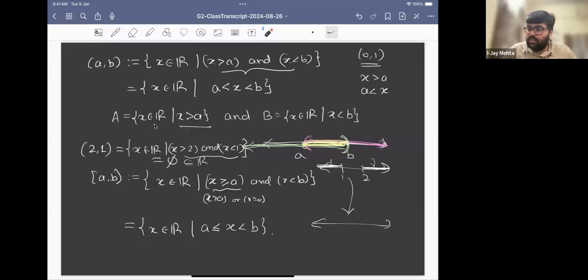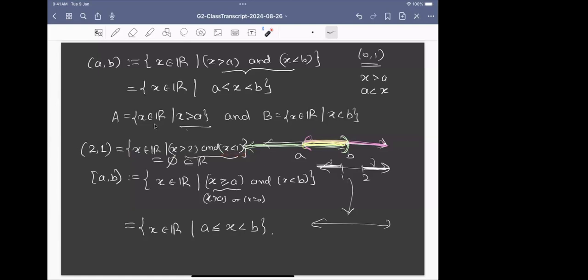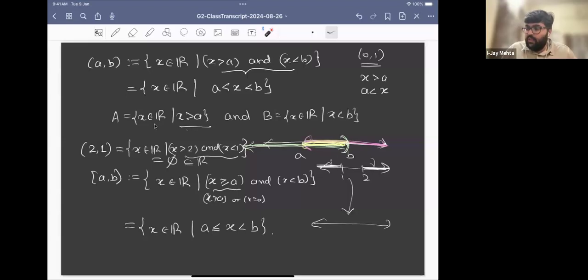As Anwar said, suppose this set is non-empty, so there is an element x in the set. What do we know about x? x is greater than 2 and x is less than 1. But we also know that 1 is less than 2, so x is also less than 2, and this property is not satisfied.